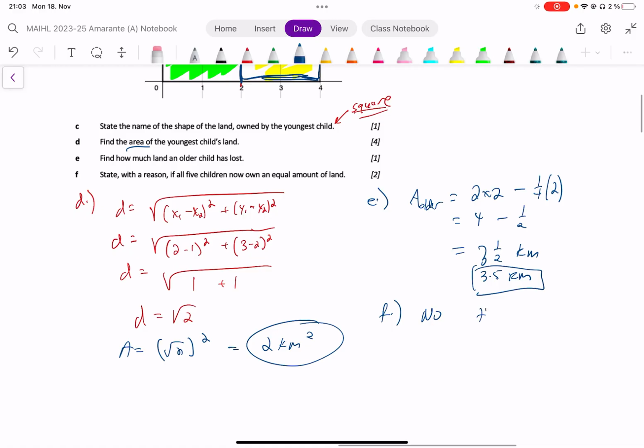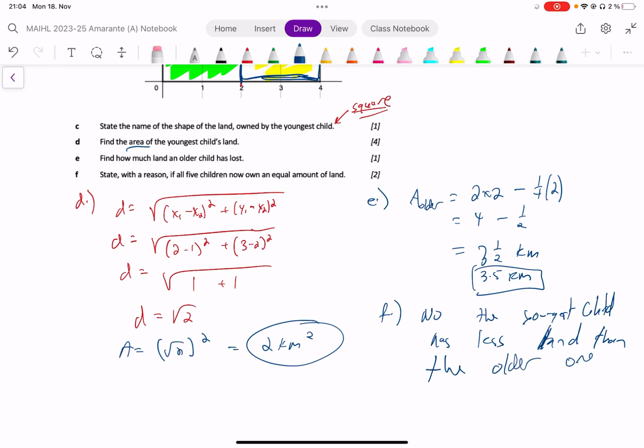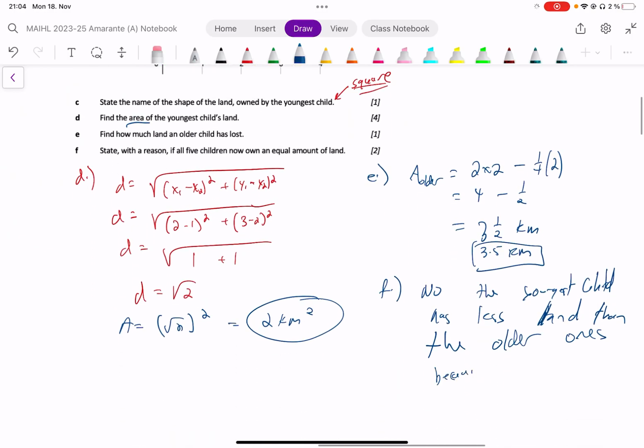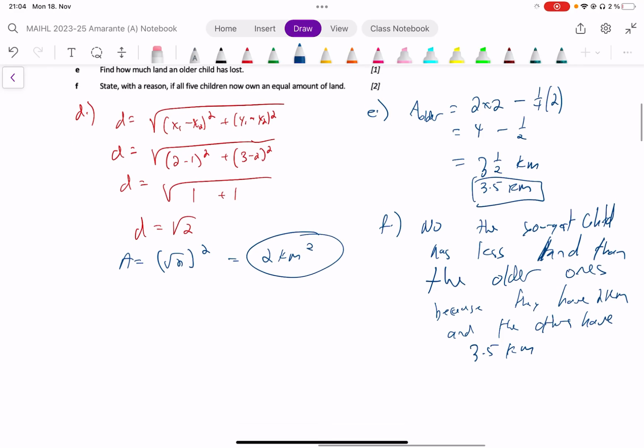You'd say, no, the youngest child has less land than the older ones because they have 2 kilometers squared and the others have 3.5 kilometers squared. Right, so that's my reason.